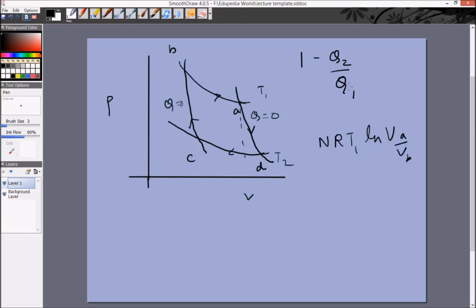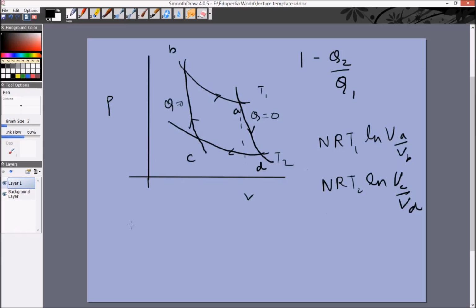This will be the Q1, the heat absorbed. And then heat rejected will be nRT2 ln VC by VD. So the first one is Q1 and the second one is Q2.